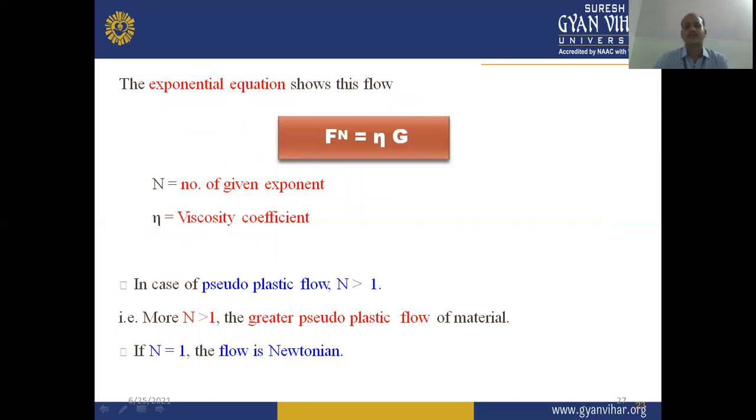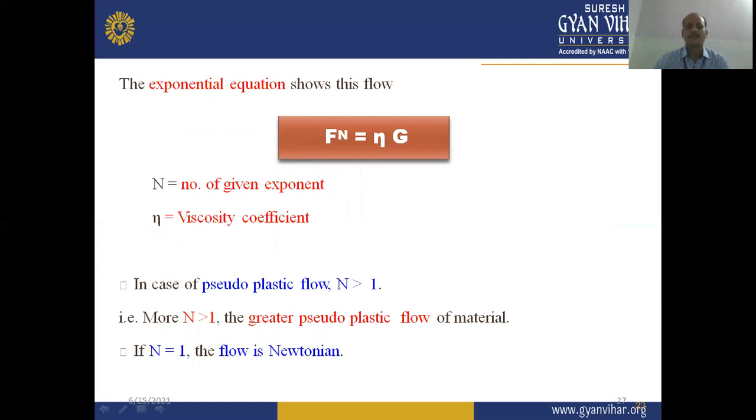So the exponential equation for this type of pseudoplastic system can be shown by this equation: F to the power N equal to eta G, where N, capital N, is the given exponent. Eta is the viscosity coefficient, which can generally be known as viscosity or pseudoplastic viscosity.